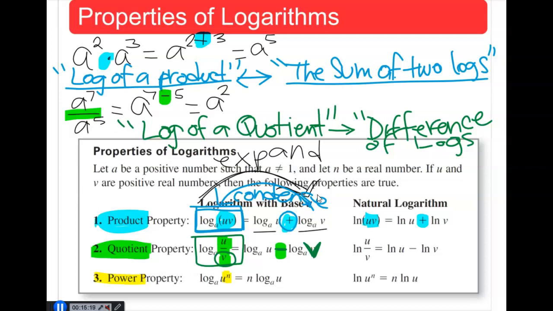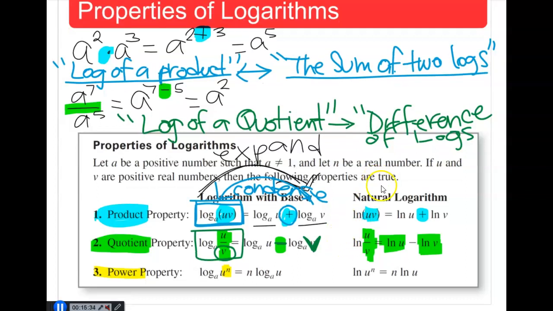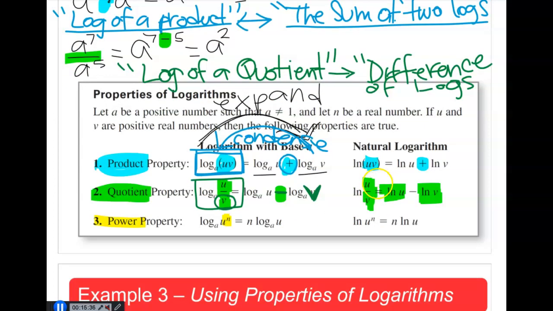The same property applies to natural log, so the ln of a quotient will be the difference of two natural logs, natural log of u minus natural log of v. And just to clarify, you could also go in the other direction here. The difference of logs could turn into the log of a quotient.